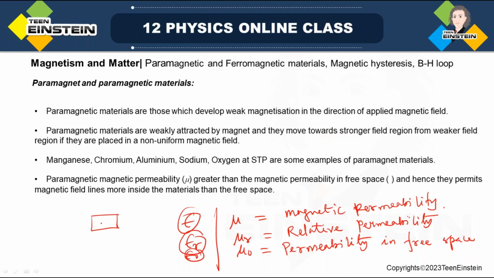It is not true. You have iron. Iron is a very good ferromagnetic material, but it will not show magnetic property unless you place it inside a magnetic field, or unless you bring it near a very strong magnet.